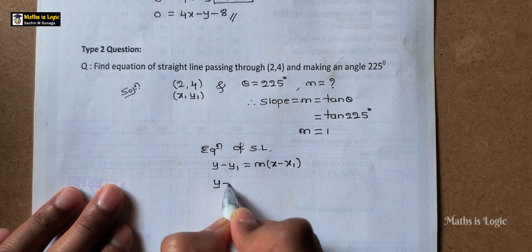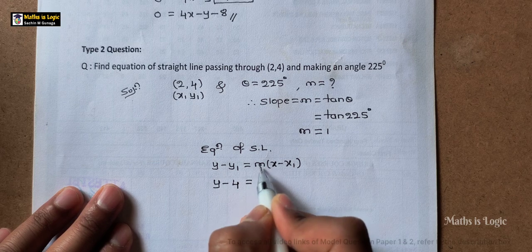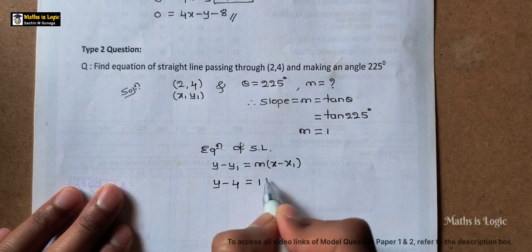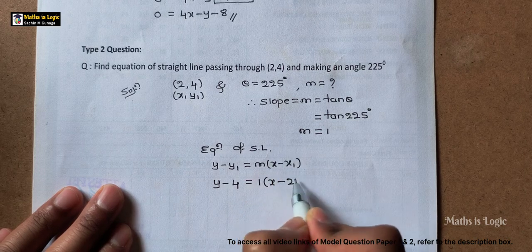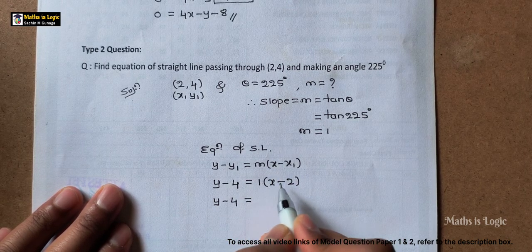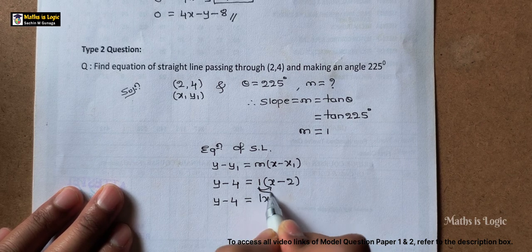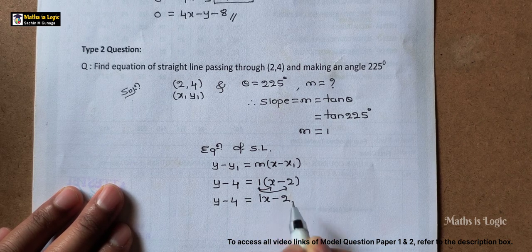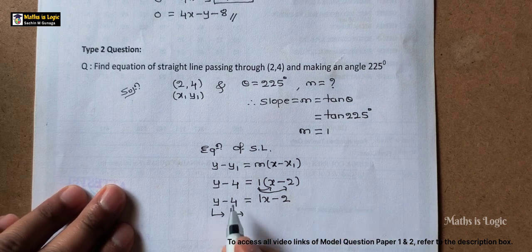Substitute: y minus y1, that is y minus 4, is equal to m, which is 1, into bracket x minus x1, which is 2. Next, y minus 4, keep it as it is, open the bracket: 1 into x is 1x, 1 into minus 2 is minus 2. x has a positive sign, so shift plus y and minus 4 to the right hand side.